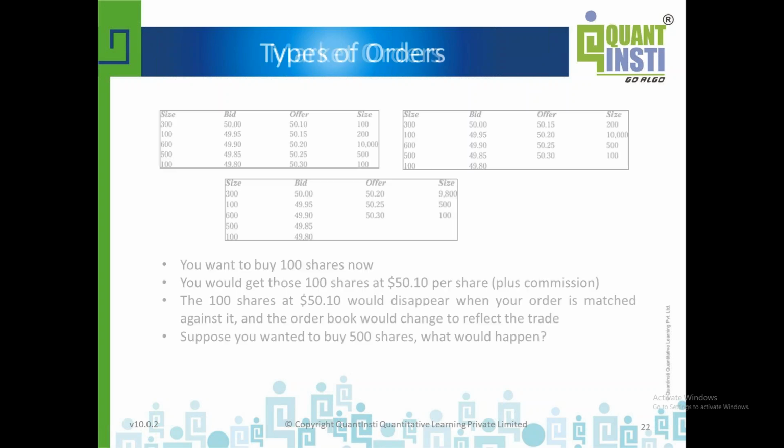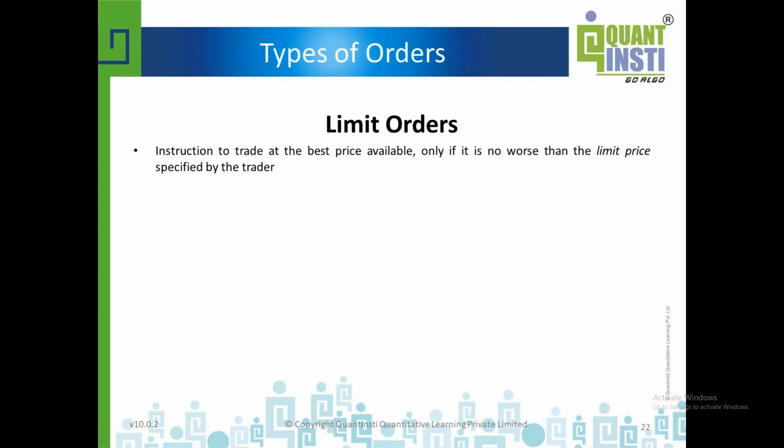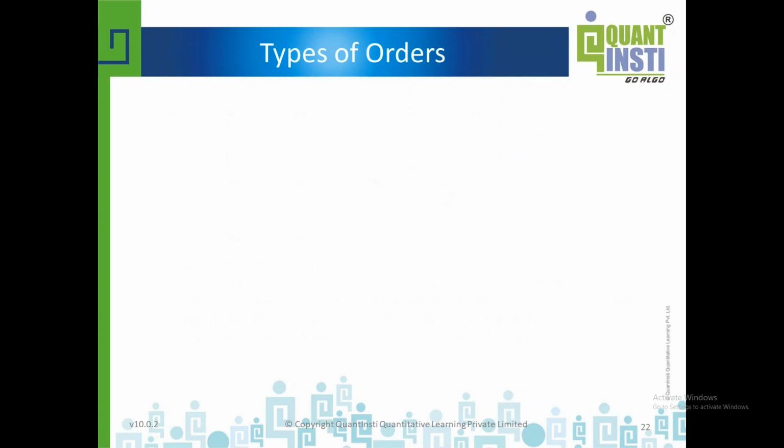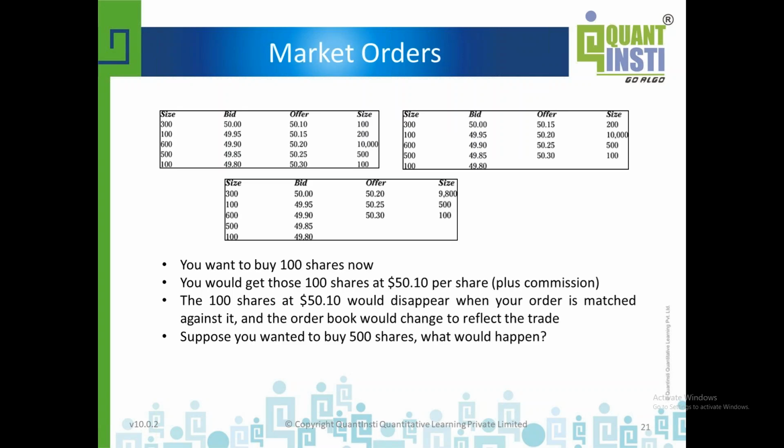Now what are limit orders? Limit orders specify the price. So if I want to buy, I specify the worst possible price for me. If this is the order book, I will say, I want to buy 100 shares at 50.05 and nothing more than that.